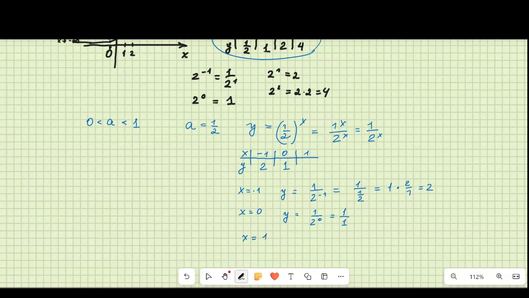When x equals 1, we are going to have 1 over 2 to the power of 1, which is going to just give us 1/2. So I'm going to put 1/2 over here.